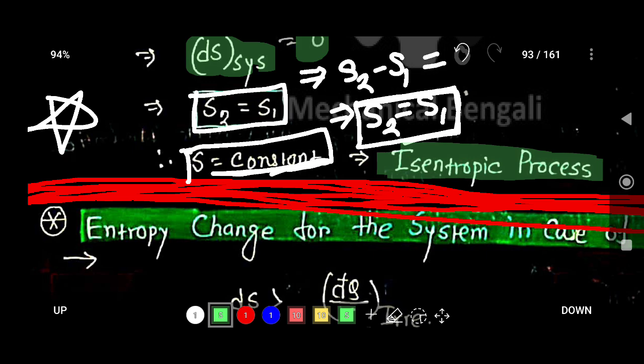That is why a reversible adiabatic process is known as an isentropic process. This is very important.